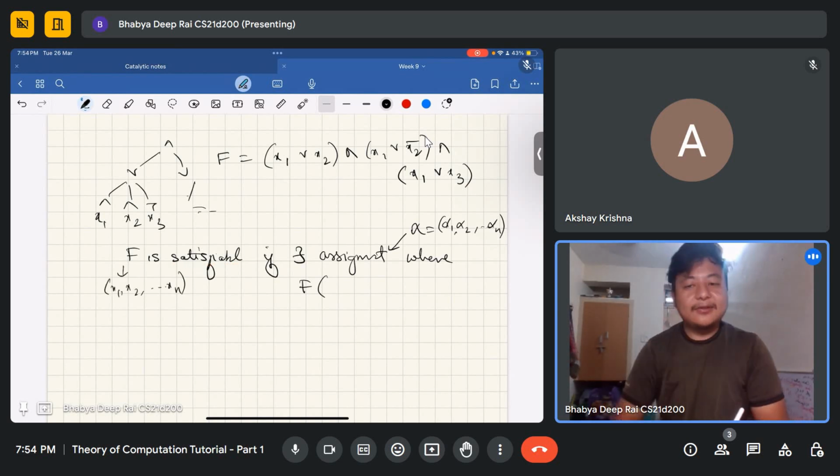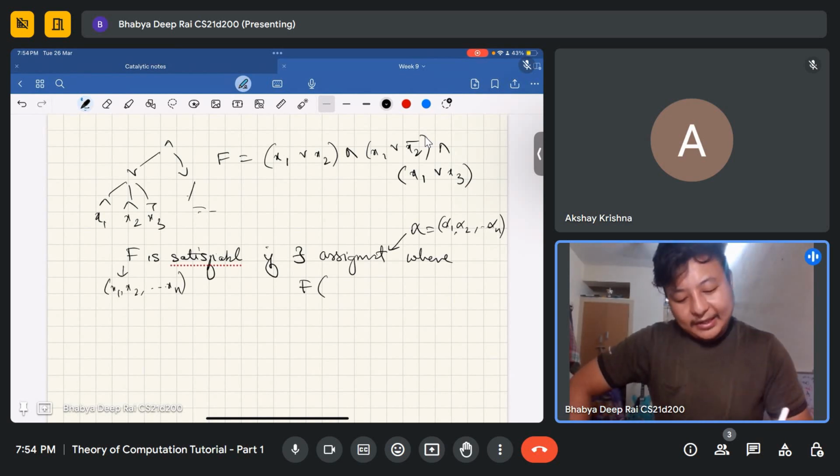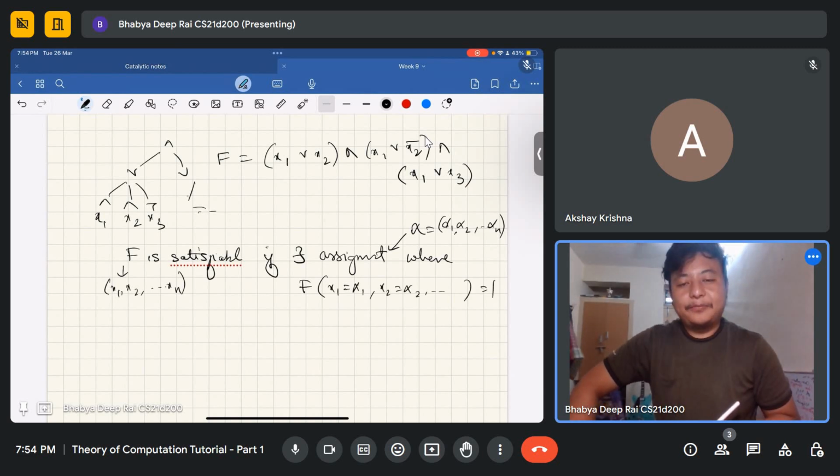These are the variables it is on, and f with x1 equals alpha 1, x2 equals alpha 2, and so on will yield 1.